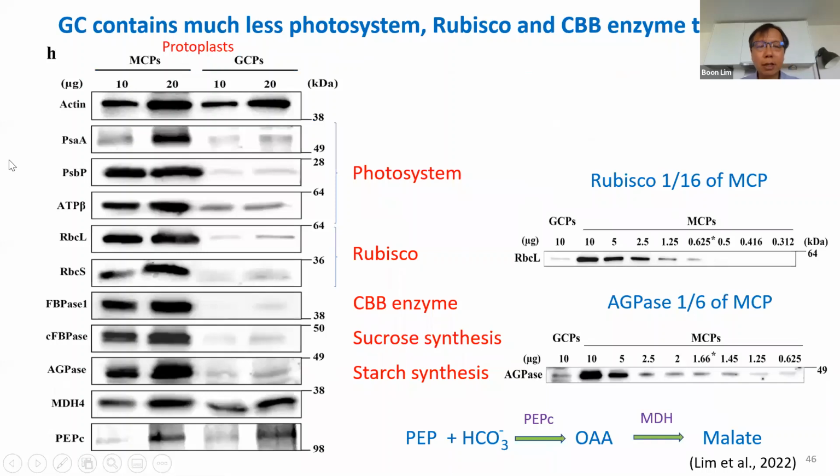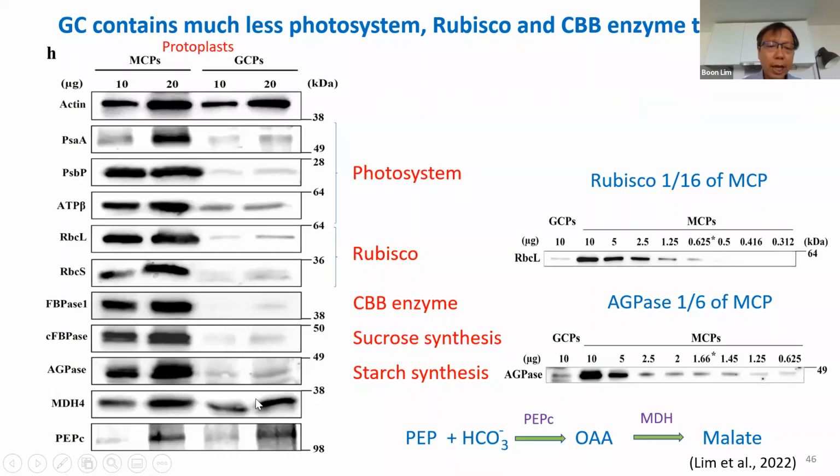To look at this carefully, we isolated protoplasts from mesophyll and guard cells. And then we carried out Western blotting with equal loading, using actin as a marker. And we find that the guard cell protoplast has a much lower protein concentration of photosystem, lower concentration of Rubisco, Calvin cycle enzymes, or enzymes for sucrose synthesis and starch synthesis.